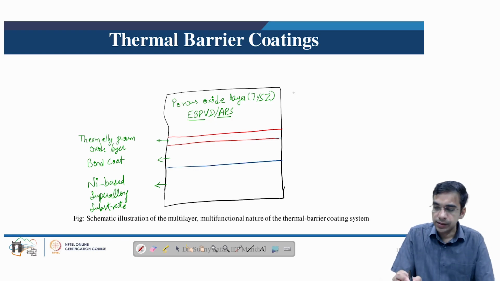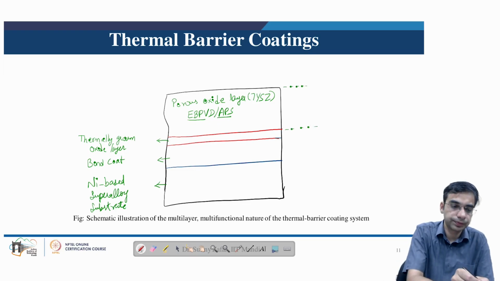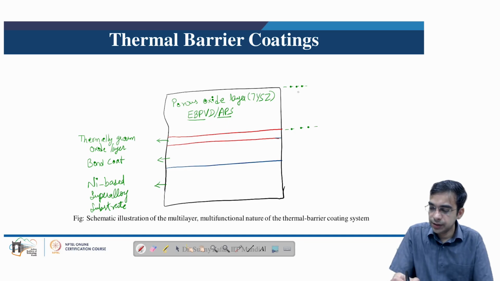These layers have different values of thickness. The porous layer is of the order of 0.1 to 3 millimeter. The TGO is of the order of 0.1 to 10 micron.